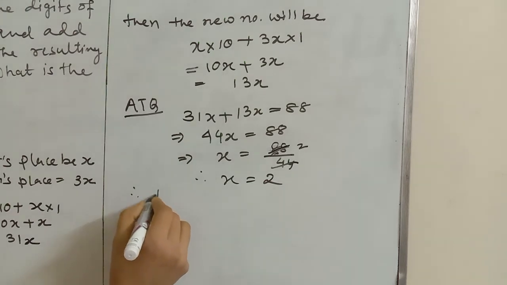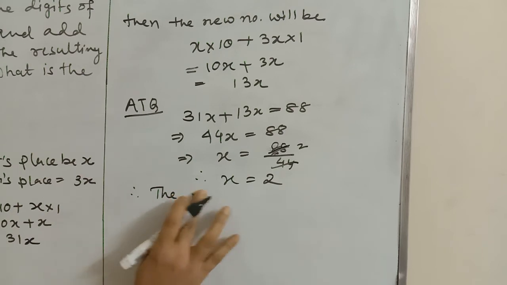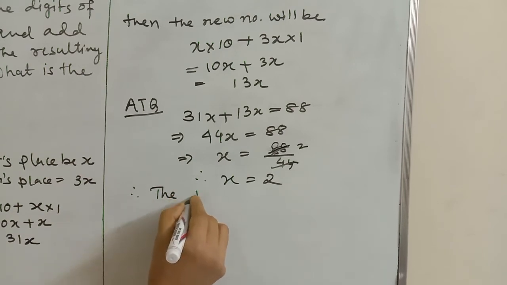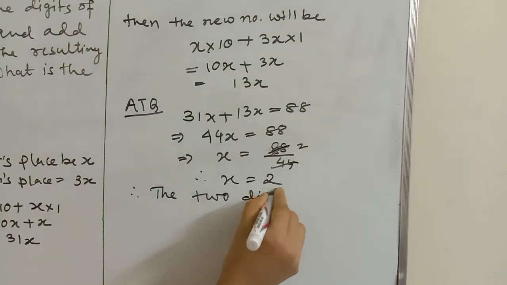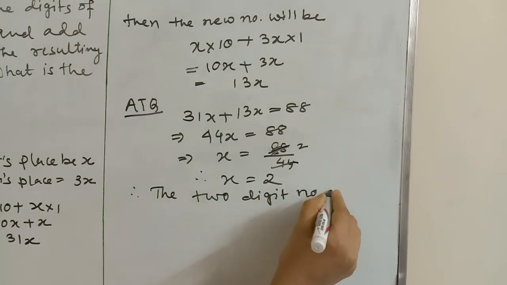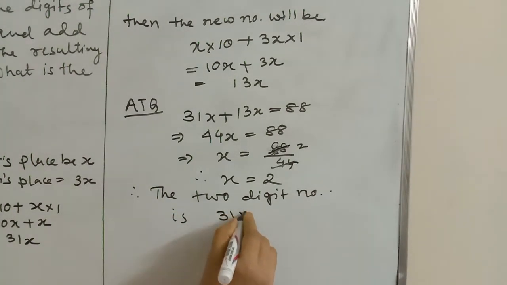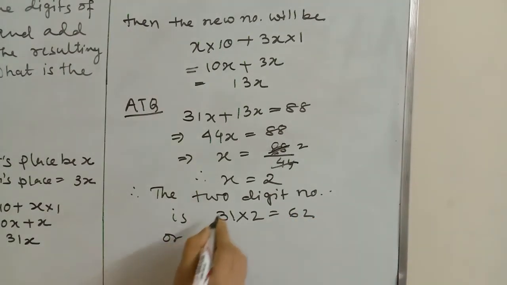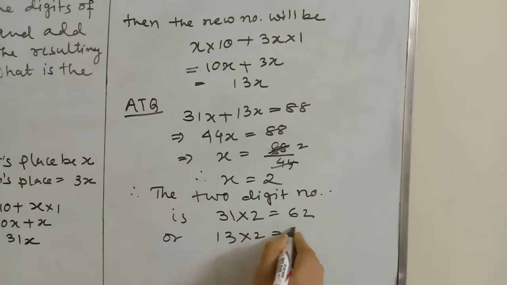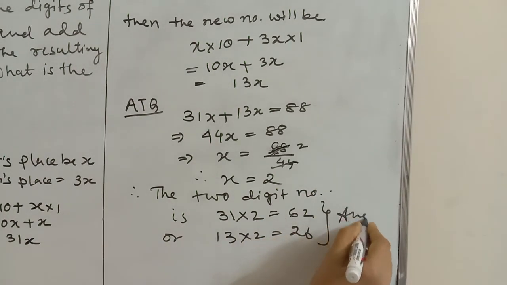The two-digit number is 31x, 31 into 2, that is 62, or 13x, 13 into 2, that is 26. In both cases the result will be the same.